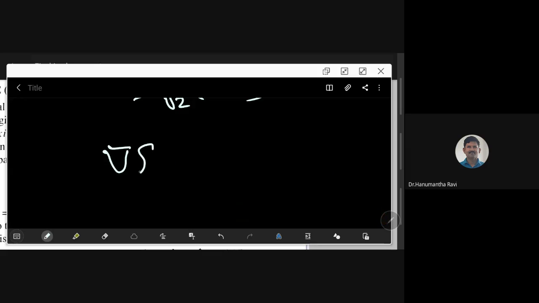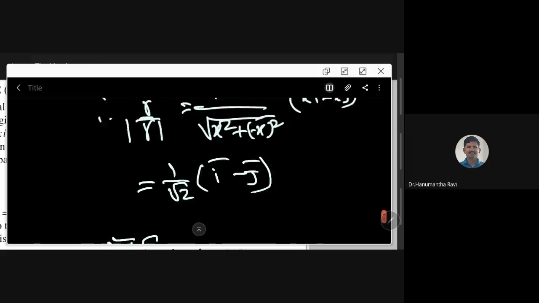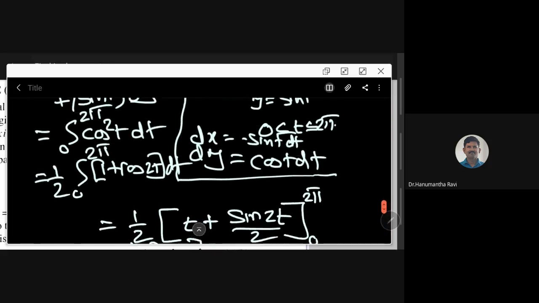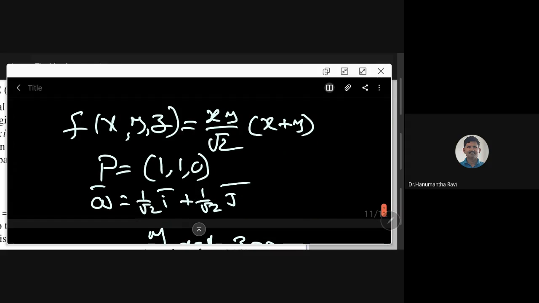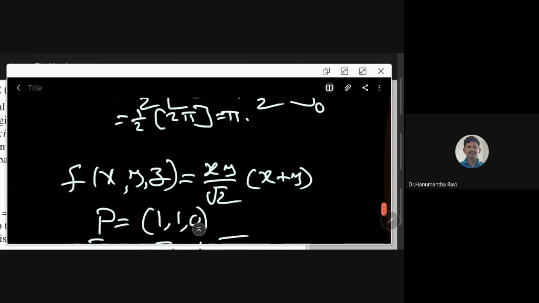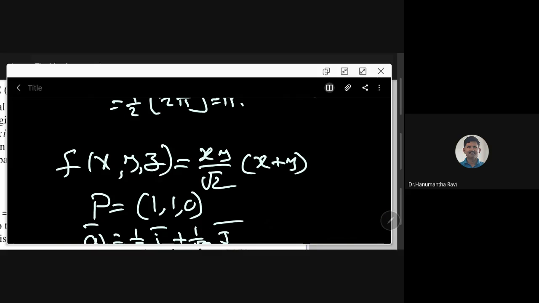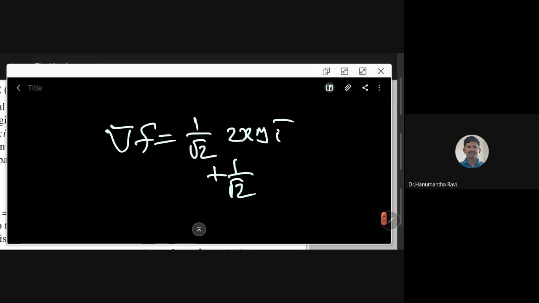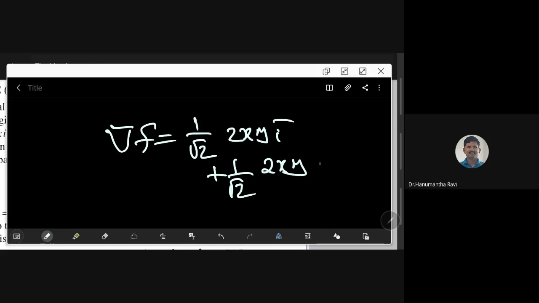So grad f is 1 by root 2 into 2xy i bar plus 1 by root 2 into, for this you have y square, so 1 by root 2 times 2xy j bar.